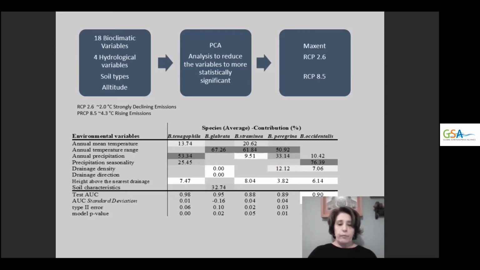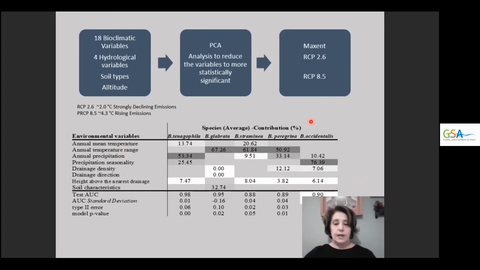So what we have here are the 8 main variables selected through principal component analysis, considered the more significant variables that have more impact on species distribution.